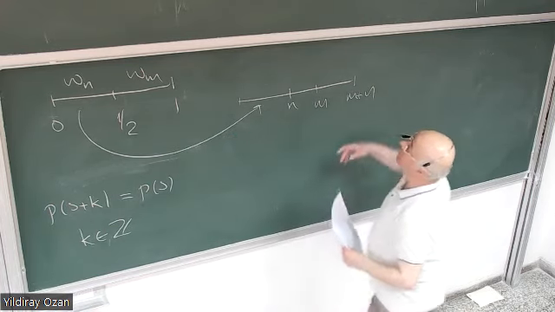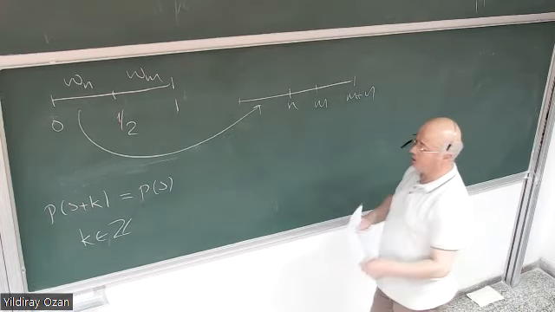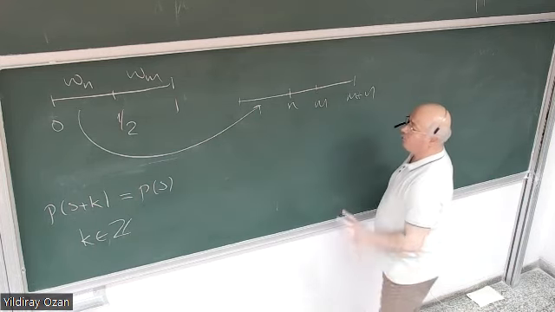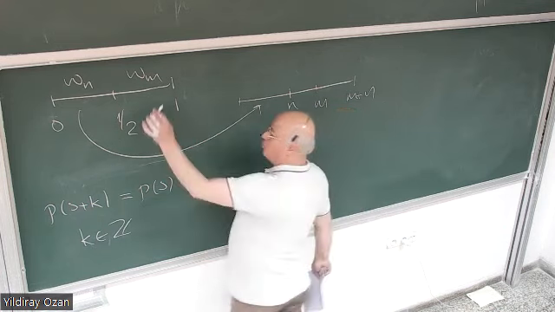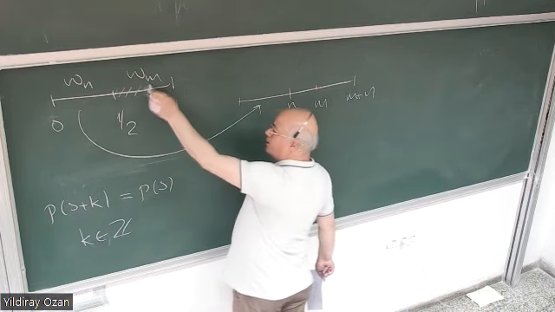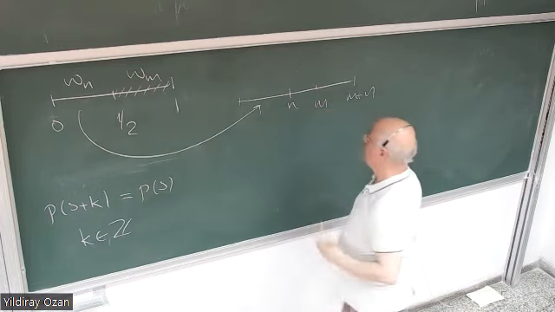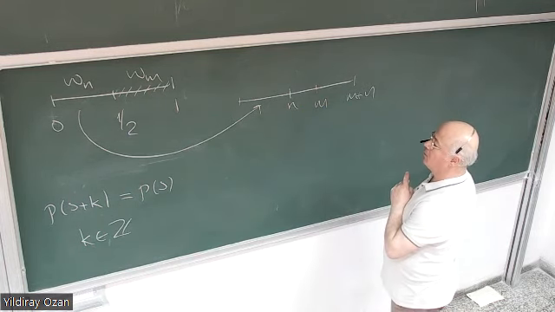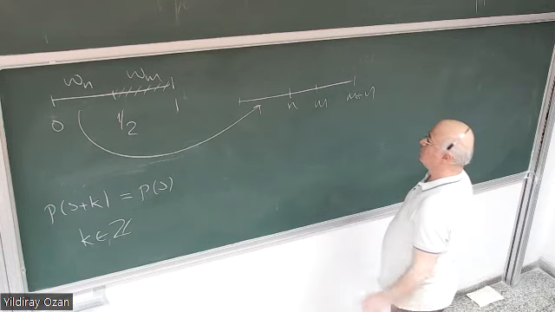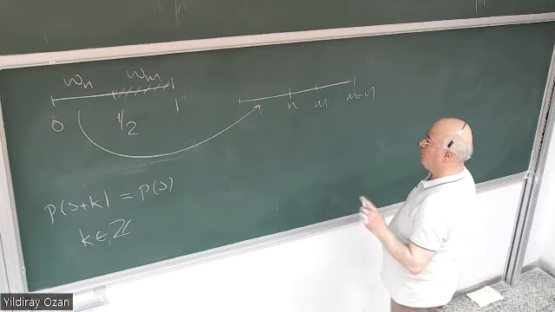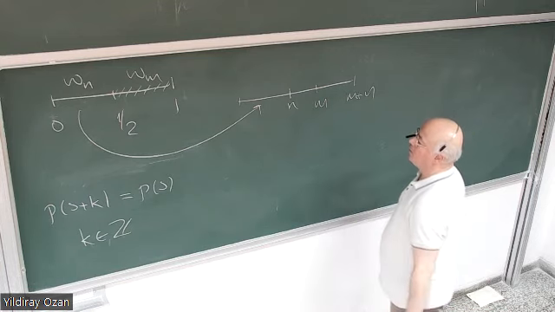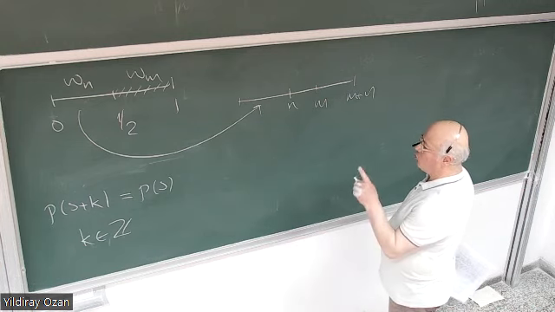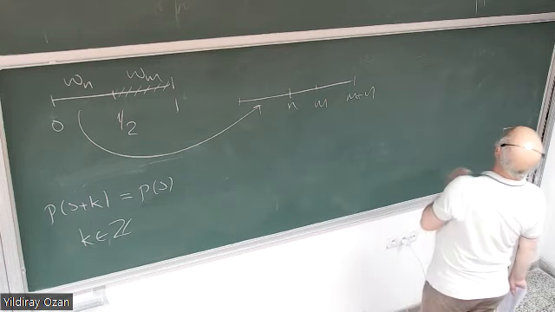Because p is the trigonometric function, and if you add k, you get the same thing. Therefore, the image of this piece is where in the product?